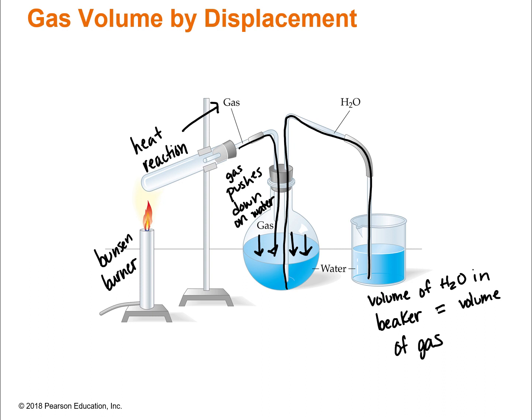For these problems, you might see the gas is pushed into some kind of a flask that has 100 milliliters of water and 60 milliliters of water are displaced. What we care about is the 60 milliliters displaced. The volume that is in that flask doesn't matter unless we're told an initial and a final volume for that flask.